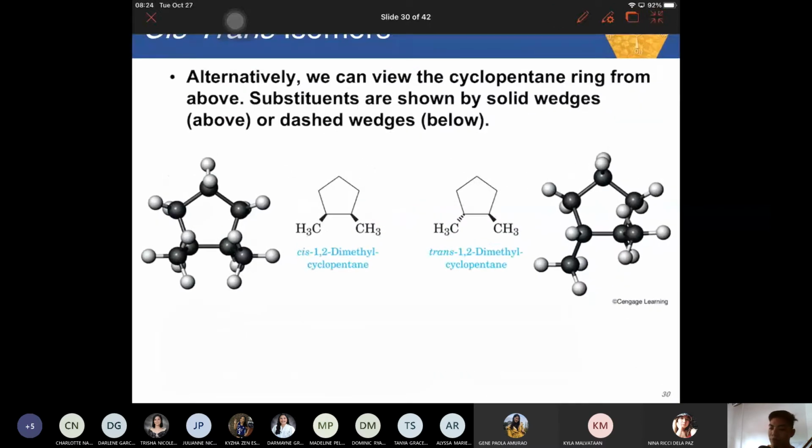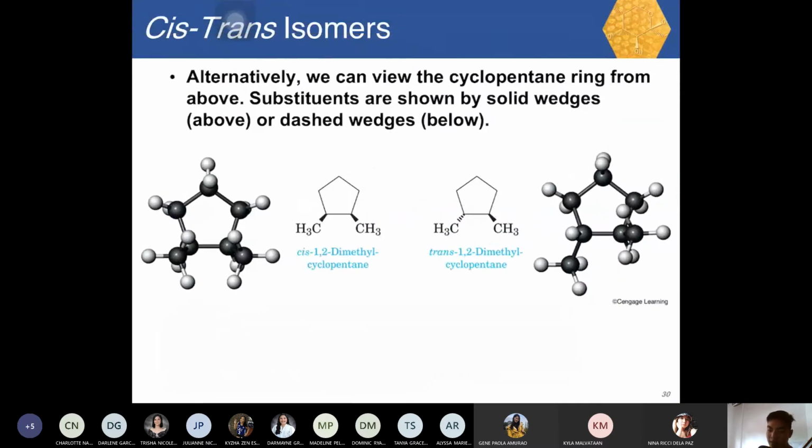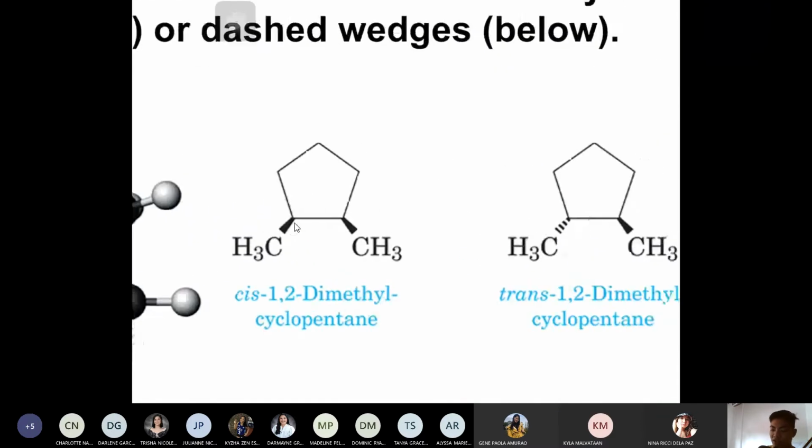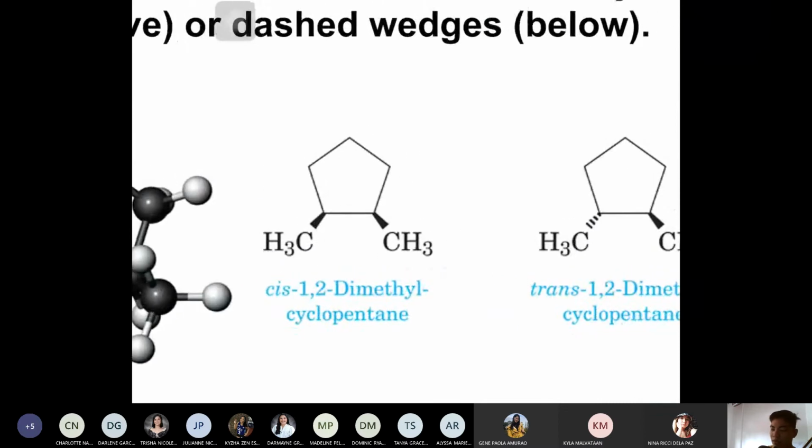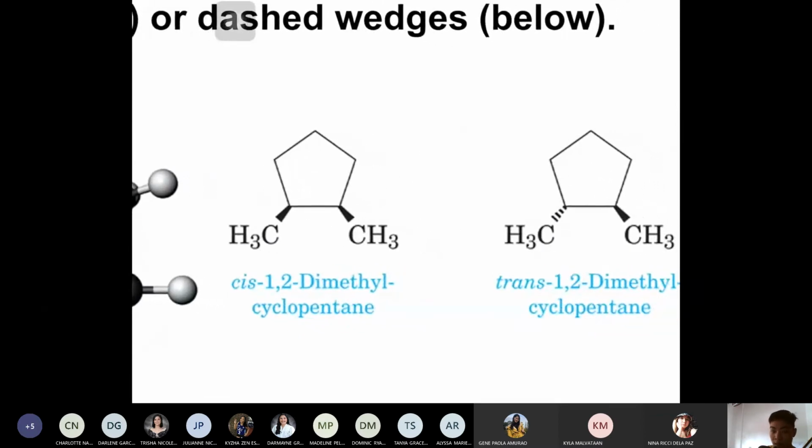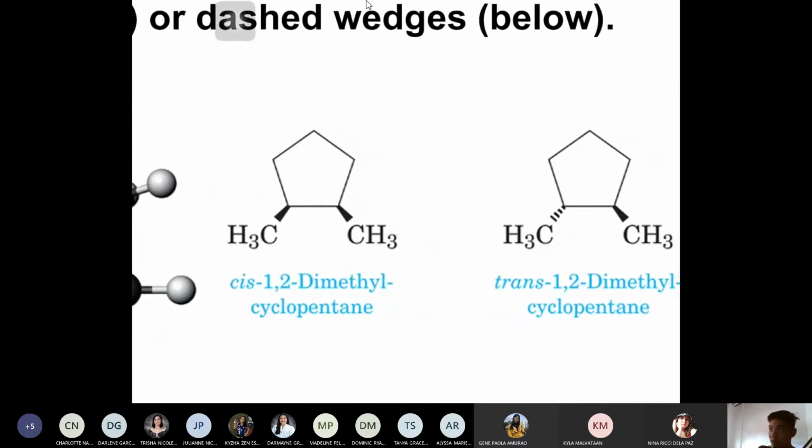Another way to represent the cis and trans isomerism is by using the wedge and the dashed arrow. So ano yung mga wedge and dashed arrow? Kapag yan ay wedge, yan ay represented as solid yung iyong bond.